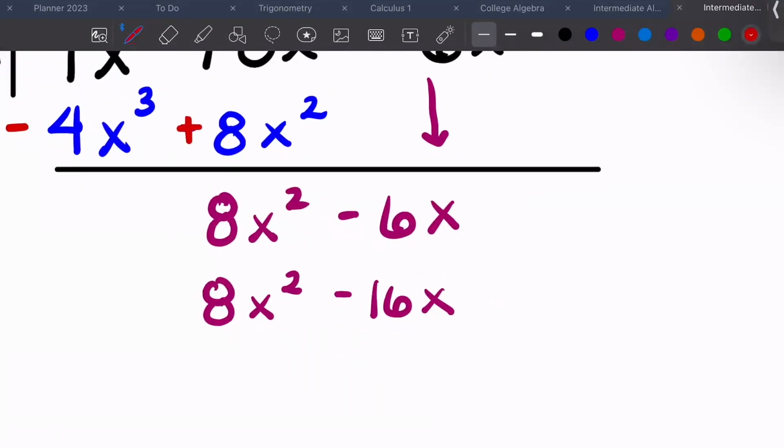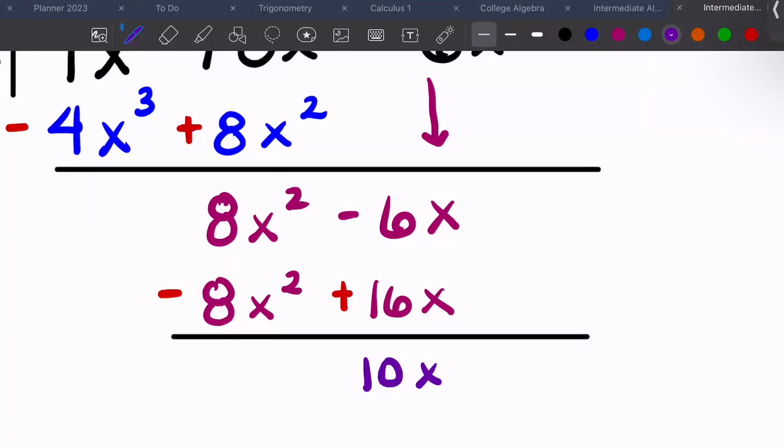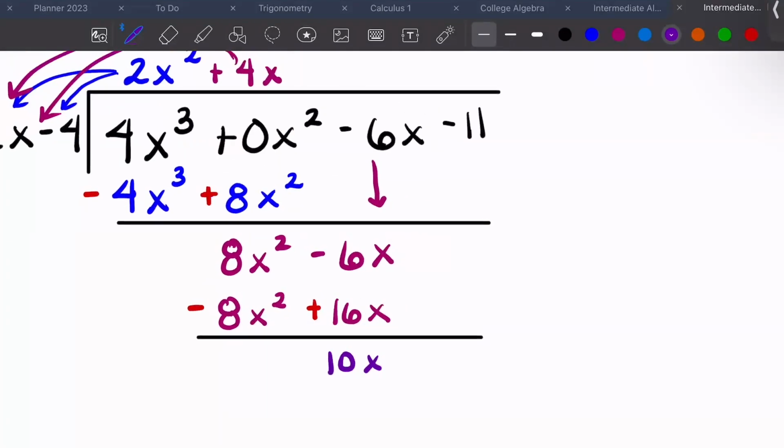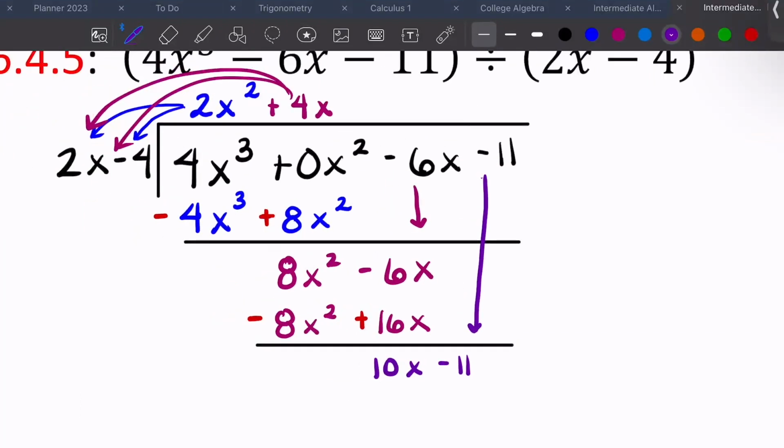Change our signs. Okay. You got 0 with our 8x squareds. And you get 10. Bring down your negative 11. Do it one more time.